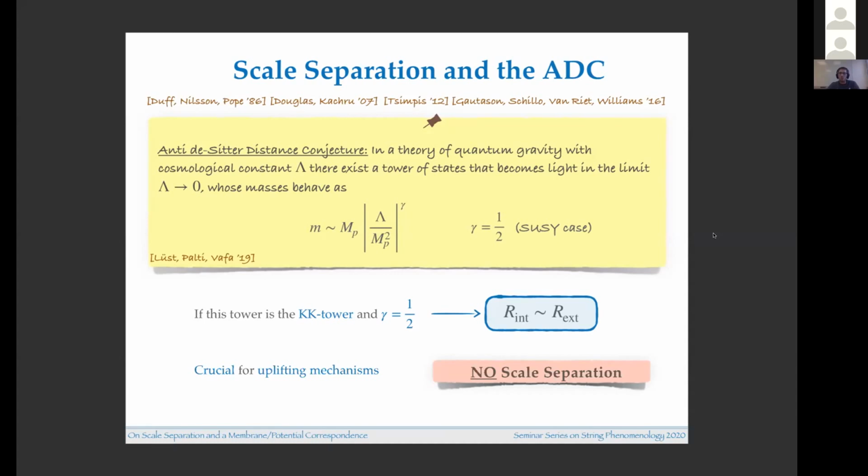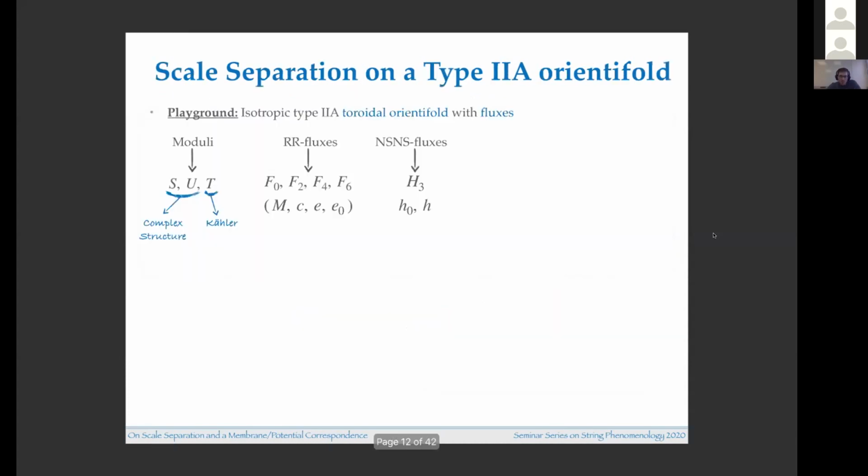So we generally need to have scale separated vacua when we're trying to uplift some vacuum to de Sitter or something like that. But just per se, this is a very interesting problem, and I'm trying to address it in these particularly simple examples that came from type 2A orientifolds. Well, first type 2A, then type 2B.